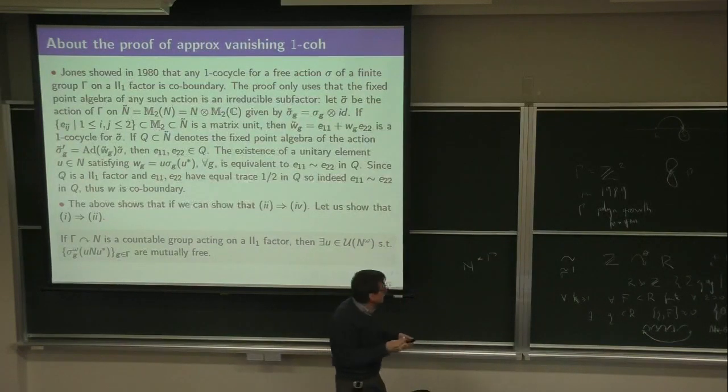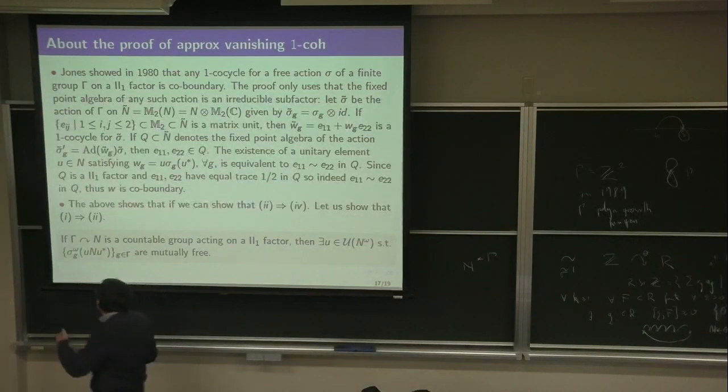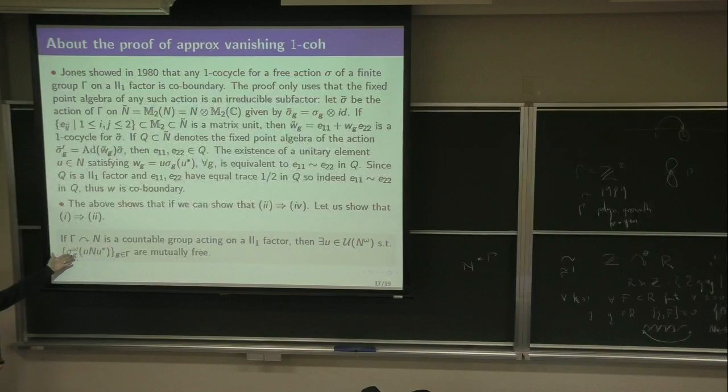A copy of that, by the way we made our choices, is not quite N, it's something isomorphic to N, it's U and U star. Sigma g acts on it by shifting the coordinates, right?